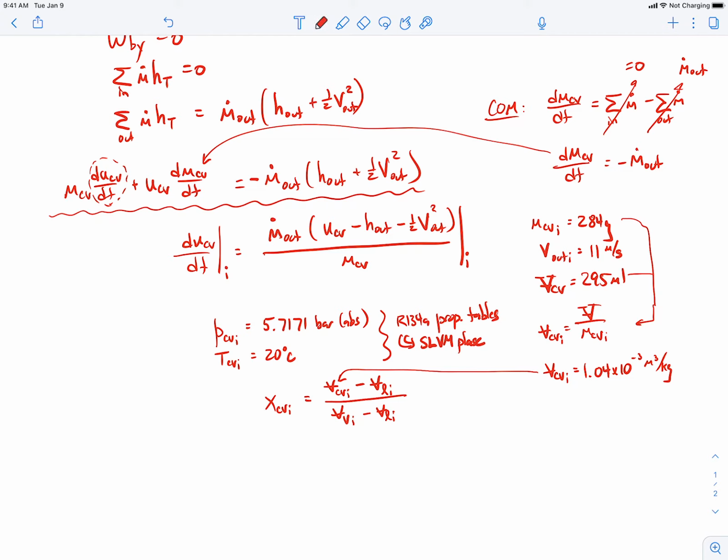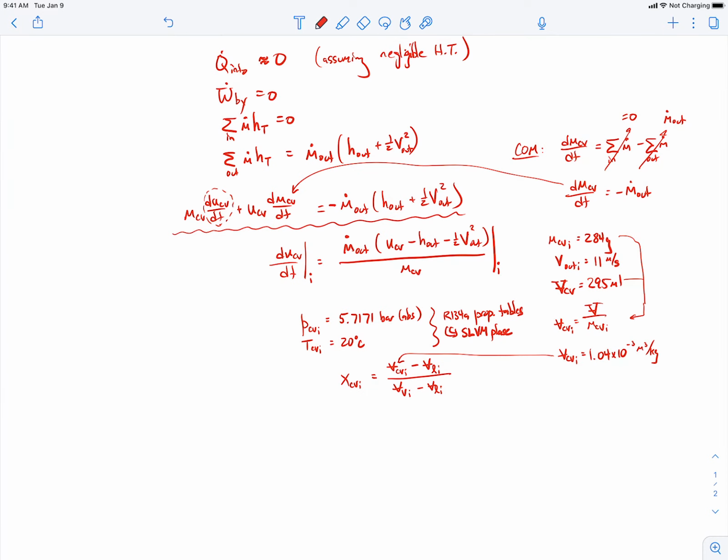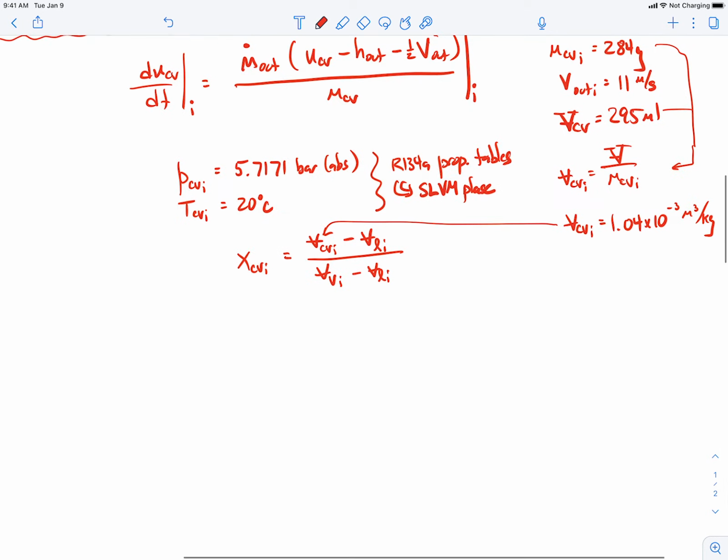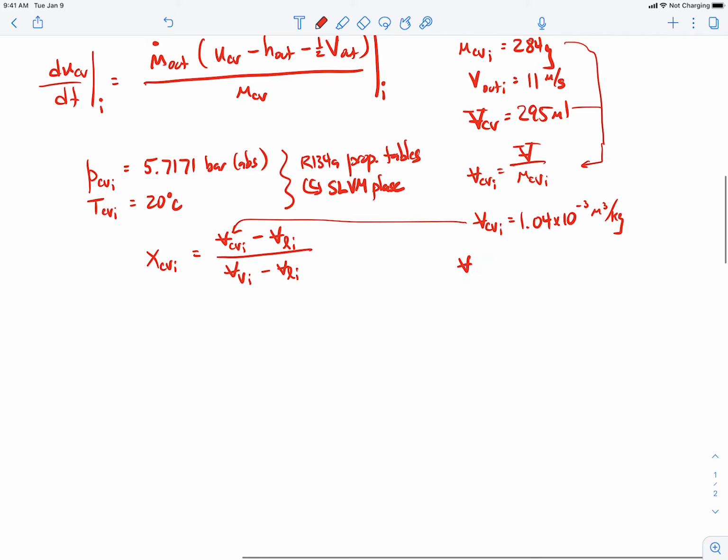I can look those up again from the saturated liquid vapor mixture table for R134A. Let me note those over here. So these come from the saturated liquid vapor mixture tables. The one for the liquid is 0.000811610 cubic meters per kilogram.